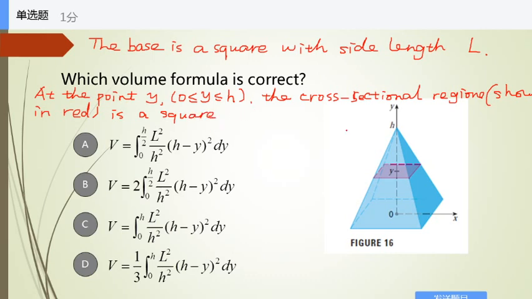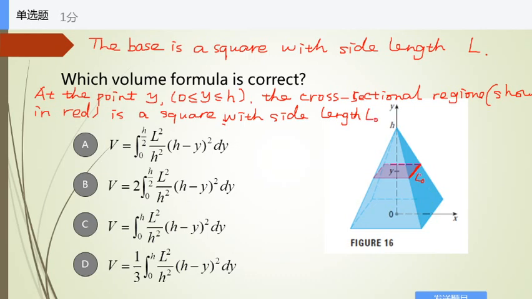Then how can we find the area of this square? We need the area function A(y), so we need to figure out the side length of the square. Let's call it the square with side length L0.